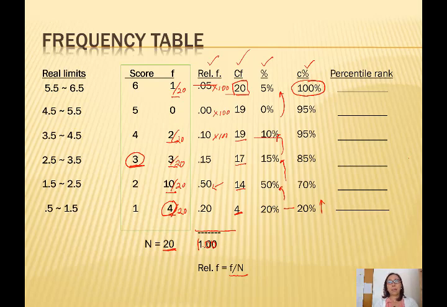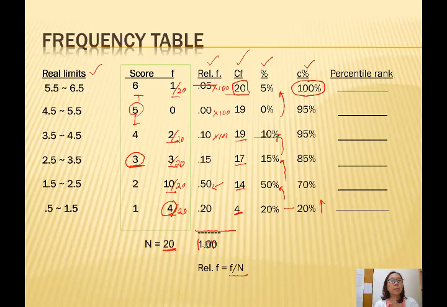Before we calculate the percentile rank, which has a big formula that comes with it, I'd like to mention real limits. Now, real limits are not really real, right? That sounds funny, right? But real limits have to do with how much a typical score, say 5, would range, right? Halfway up and halfway down. The real limits are hypothetical numbers as to how far a score can go down, what the full range of a particular score would be.